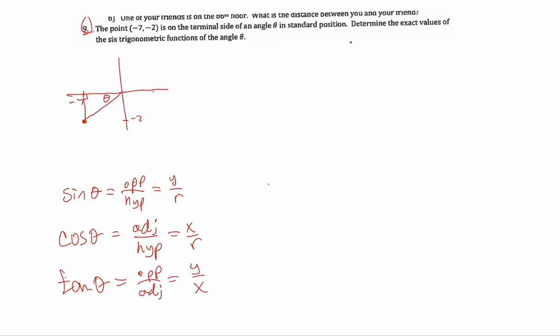We're going to write, let's put in our -7 as our x value, so that would be our adjacent side, and our y value would be going down. So we have to use the Pythagorean theorem because our hypotenuse, which we'll call r, is given by x squared plus y squared equals r squared.